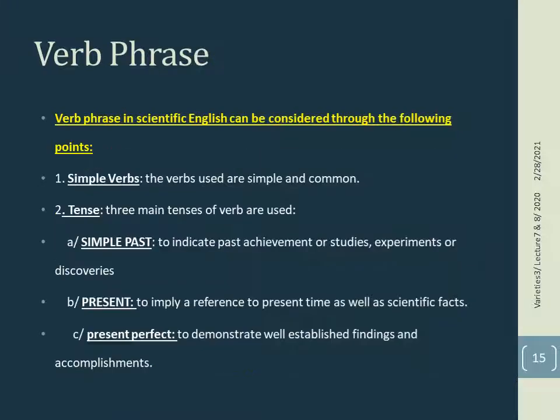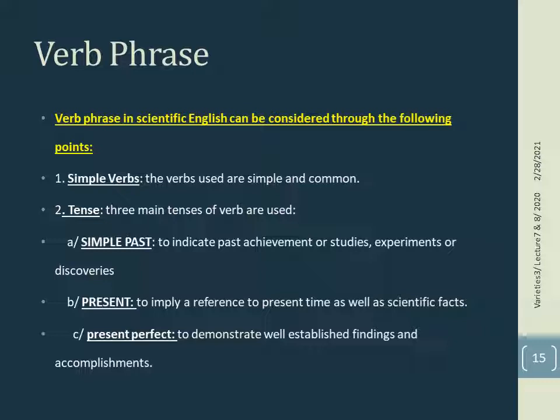Verb phrases. As for verb phrases in scientific English, they can be considered through the following points. First of all, we have very simple verbs. The verbs used are simple and common. And for the tense, three main tenses of verb are used. For example, simple past to indicate past achievements or studies, experiments, or discoveries.